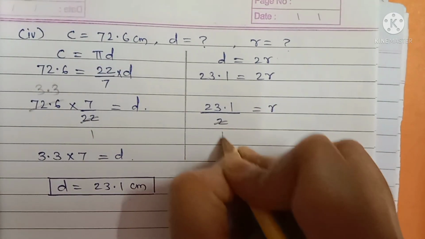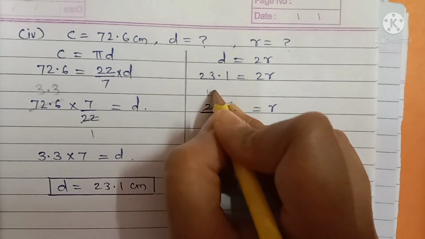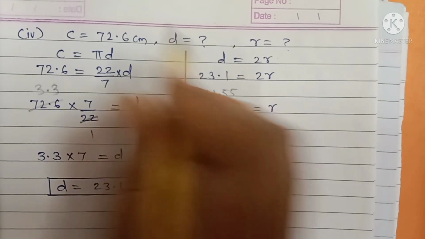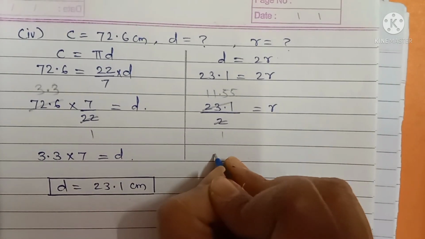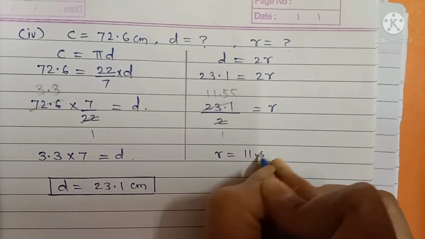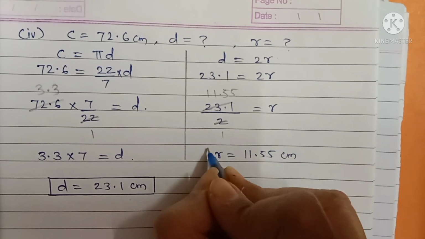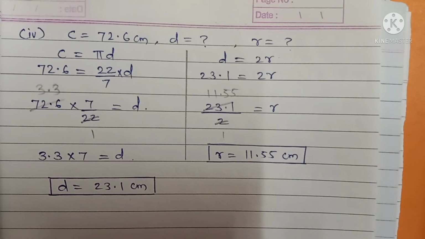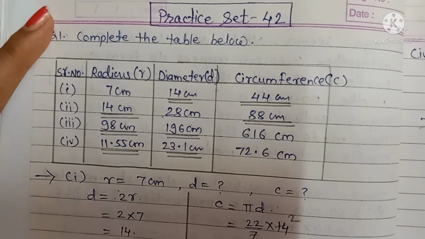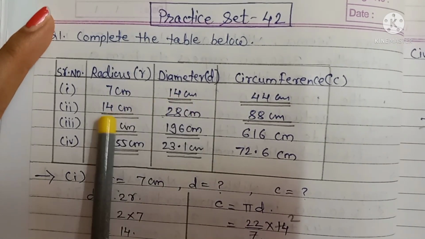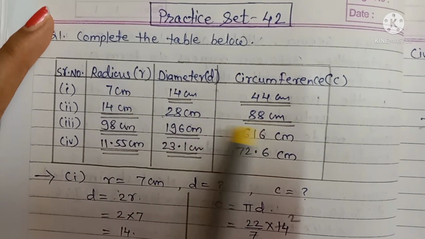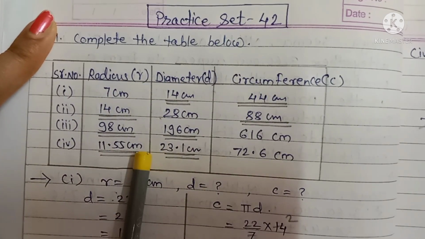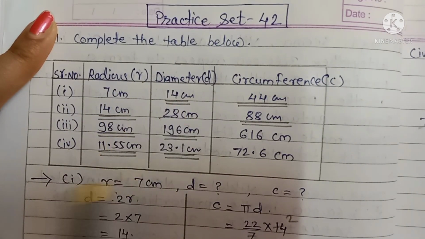Means r is equal to 11.55 centimeter. And in the given table you can write down all the values. The values we have calculated, at the end we will make the table again and put all those values.